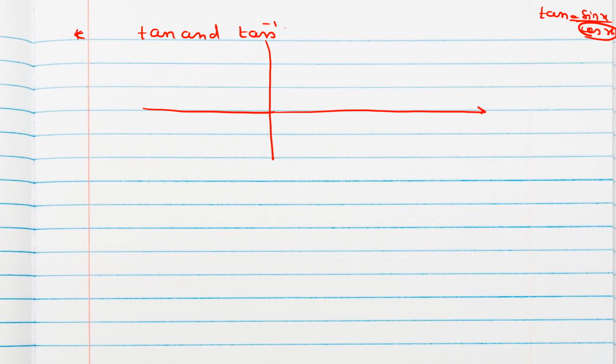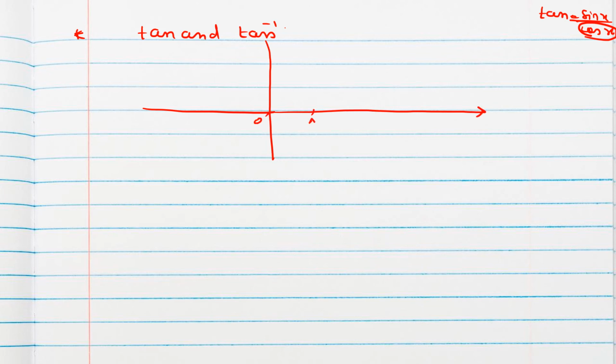Suppose for tan and tan inverse. We know tan is sine by cos. So at all odd multiples of pi by 2, this tan will be undefined because cos will become 0.